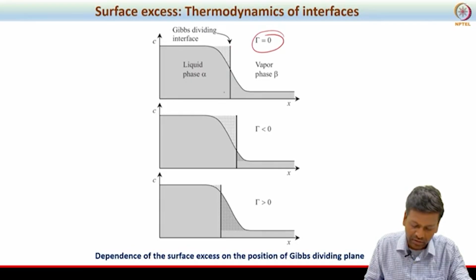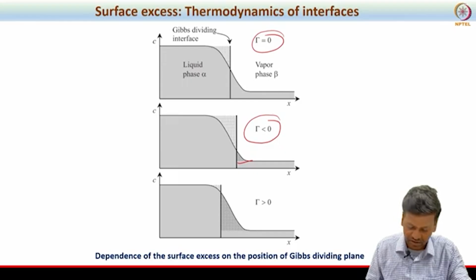Whereas if you choose the reference plane slightly towards the right, closer to the adjoining bulk phase, you would expect negative surface excess, less than 0.